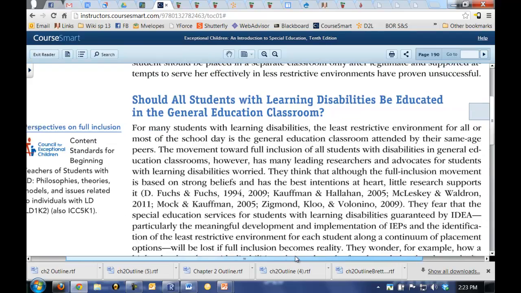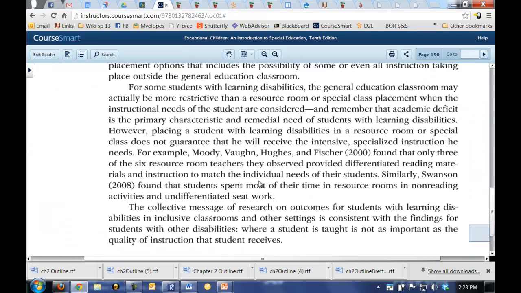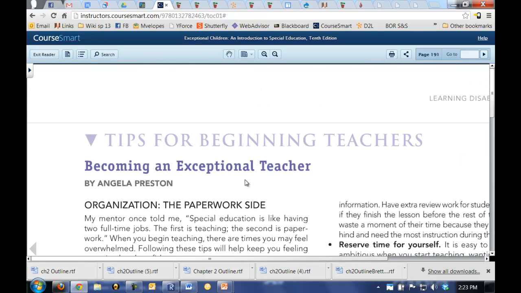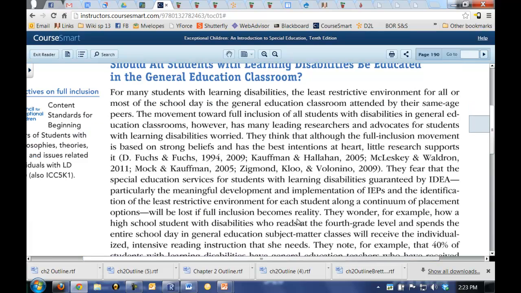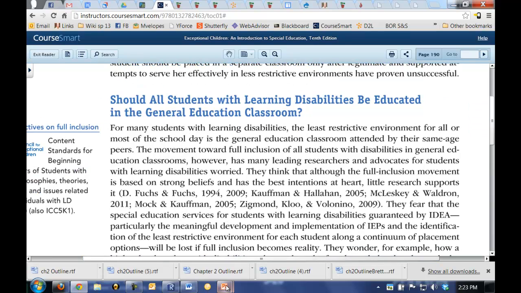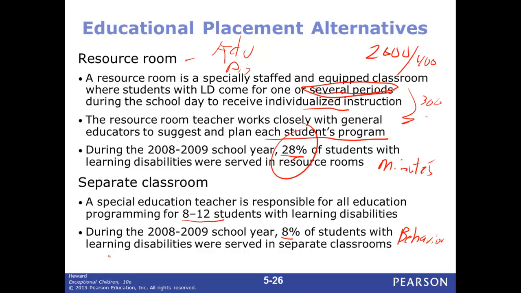And here's kind of a closing thing. Should all be in the general classroom? And that's where you're going to end as 18, is you're going to make a statement about this question right here. And we're going to call this 19.